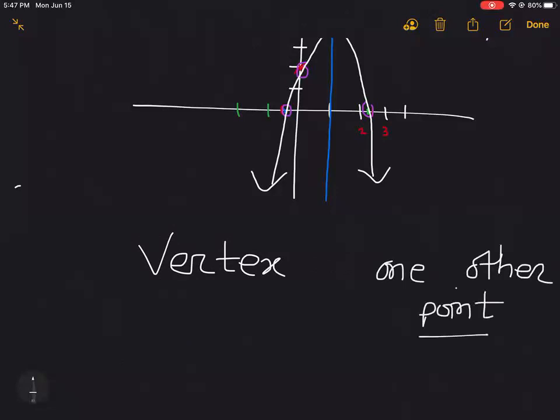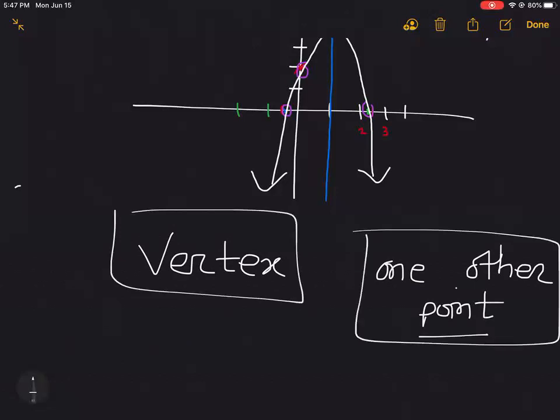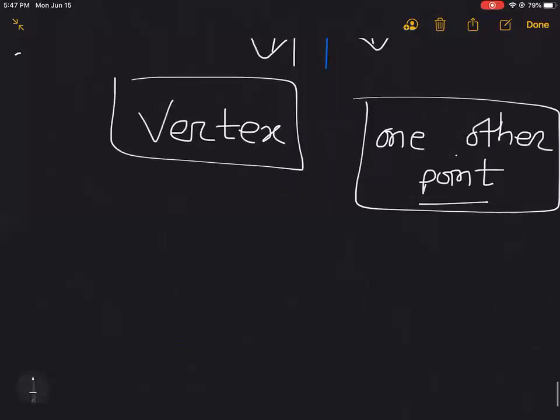So first of all, what we want to do is find the vertex from a particular problem and see how it looks. So let's try this example.